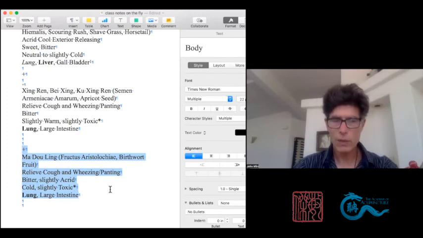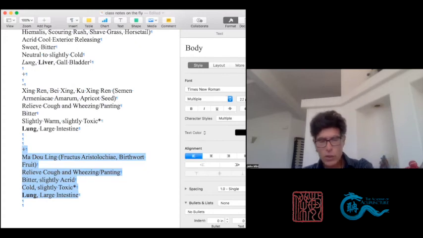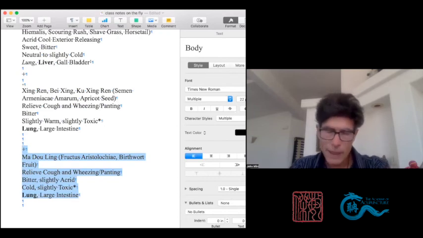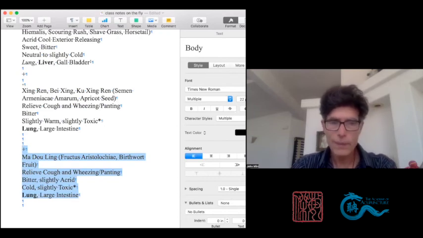So we don't use that anymore, right? But it would make the formula stronger in the short term for sure. Hopefully, if they just took it once or twice, it wouldn't cause any ill effects toward the liver.